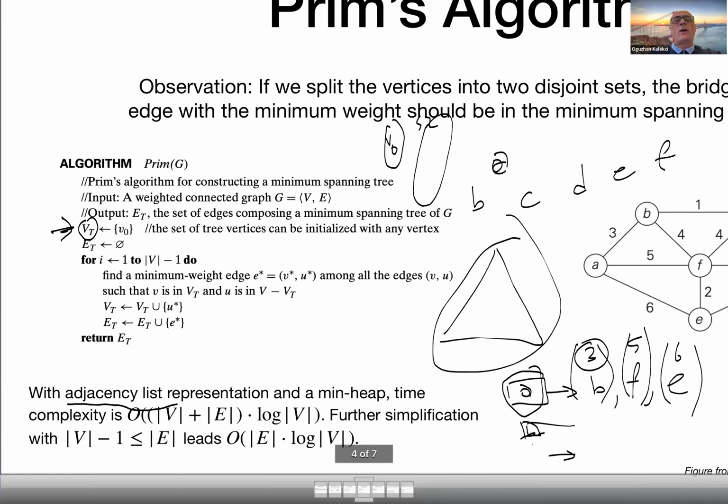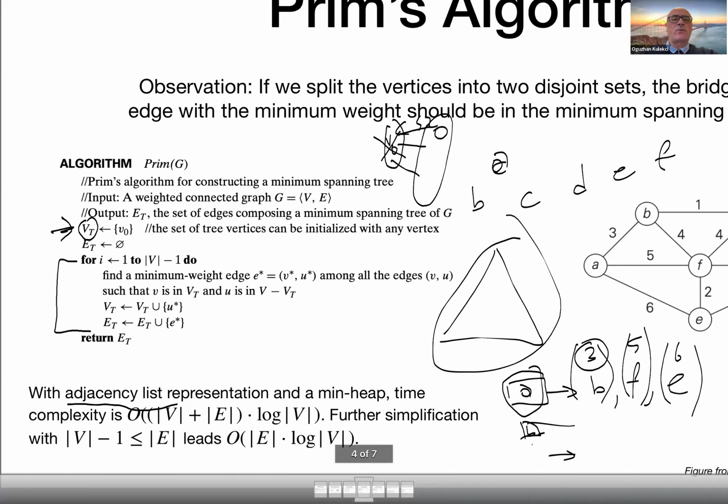Once I have this, in this priority queue, I remove the initial vertex. And then once I remove this initial vertex, I'm left with the others, and I should find a bridging one, right? So I start running this for loop, because at each step, I will move one of these vertices from set 2 to set 1, okay?